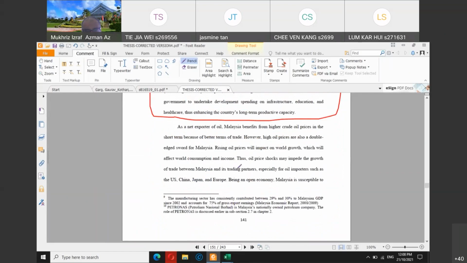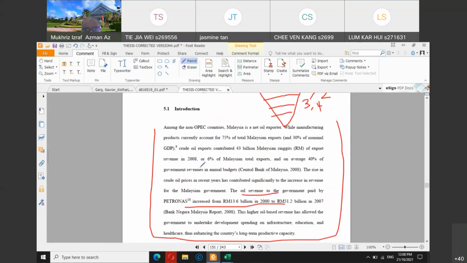Numbers are very important, especially in economics and agribusiness theses. You need to provide statistics, because that's the focus of our thesis. We are talking about numbers. Statistics are important because they give more credibility and weight to your introduction.